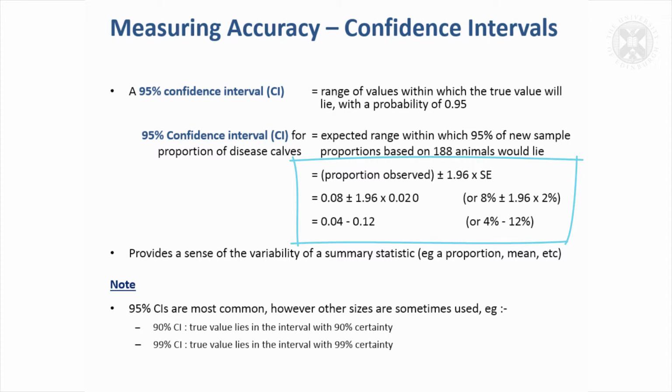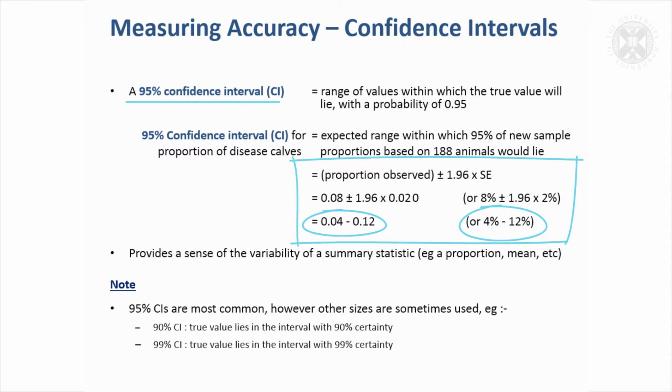And if we put our proportion of 0.08 and the standard error of 0.02 into that formulae, we get a confidence interval of 0.04 up to 0.12, or maybe in a way more easy to understand, from 4% to 12%. So that's the 95% confidence interval for our proportion of diseased calves.